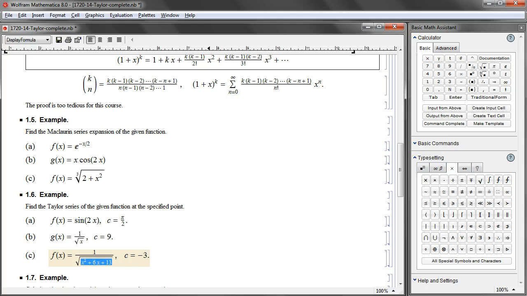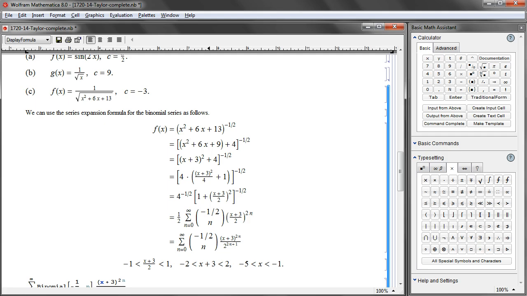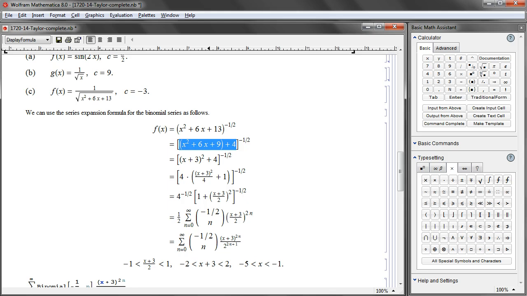We have a trinomial down here, but it is possible to manipulate it so that this is a complete square plus something, and a further manipulation yields 1 plus the complete square, all to the negative 1/2 power, so that we can apply the binomial series expansion theorem centered at x equal to negative 3 like this.